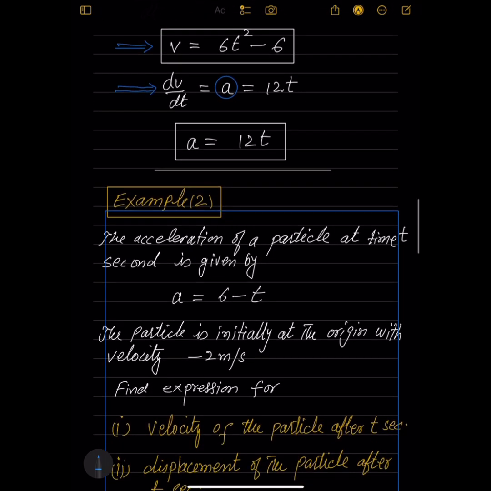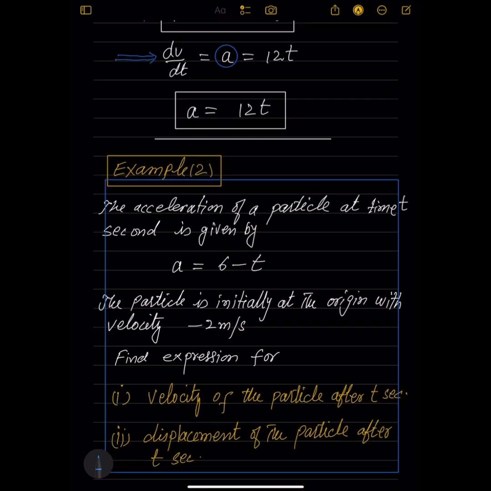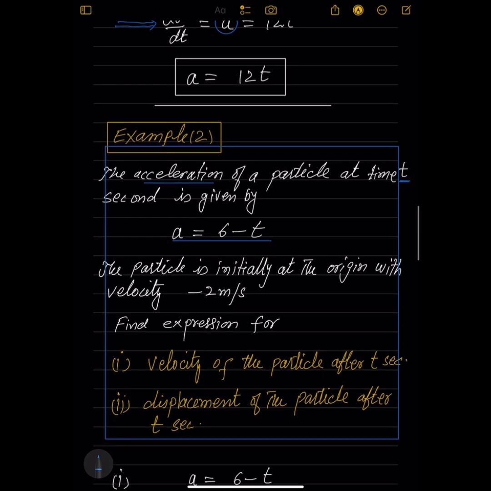Now next is example number 2. The statement of the example is: the acceleration of a particle at time t seconds is given by the relation a is equal to 6 minus t. The particle is initially at the origin with velocity minus 2 meter per second.